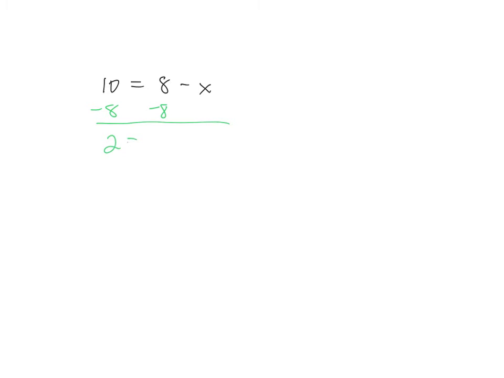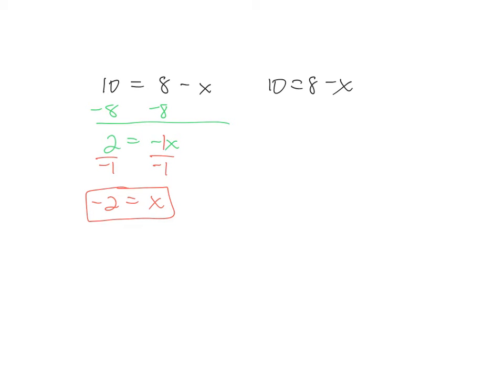So be careful right here. That negative is still there. Okay, and so then remember that really there's a 1 there. So I could divide by negative 1 and get negative 2 equals x. So it's kind of weird when there's no number in the front of the x. Just remember there really is a 1. Okay, so that's version 1.